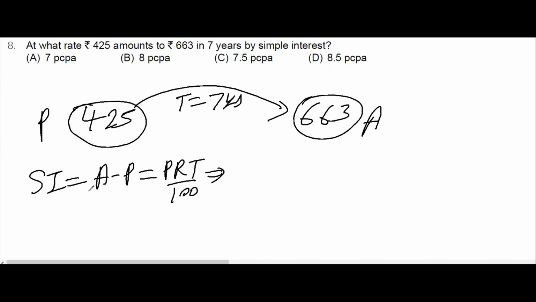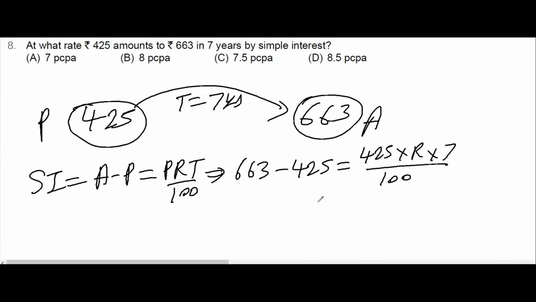So I will use 663 as the amount, principal is 425, equal to 425 into R for 7 years divided by 100. When you solve this entire equation, you will get the value of R as 8% per annum. So B will be your answer.